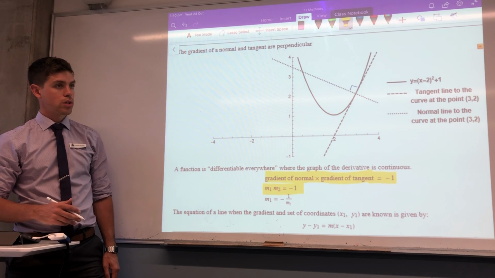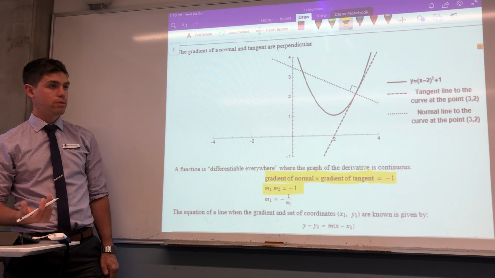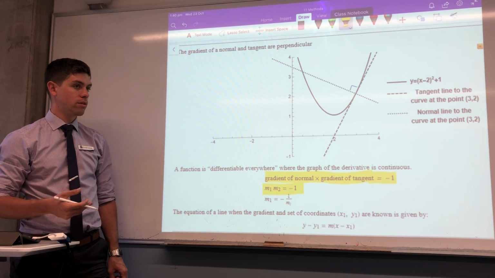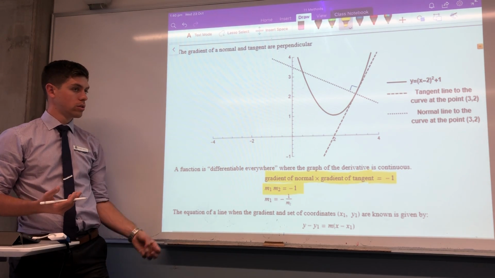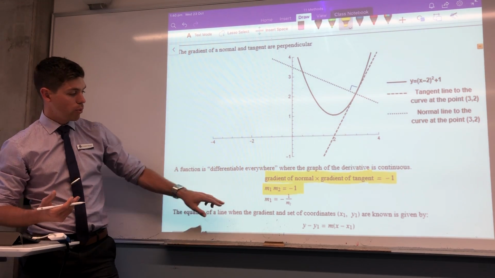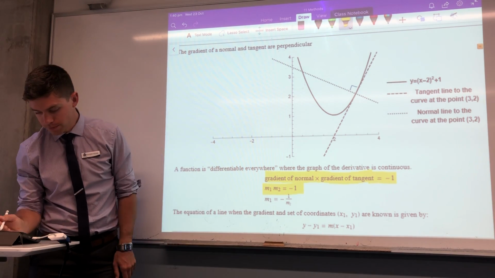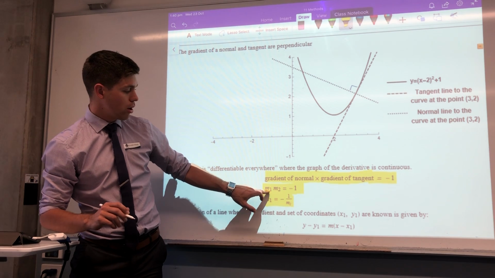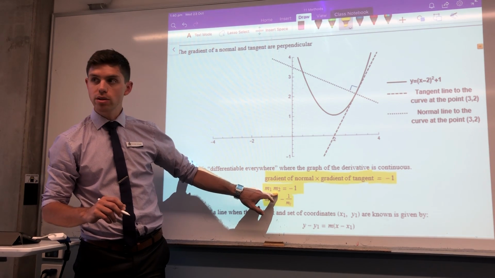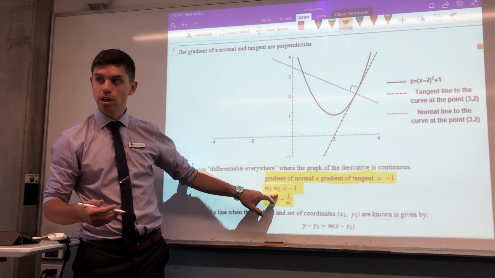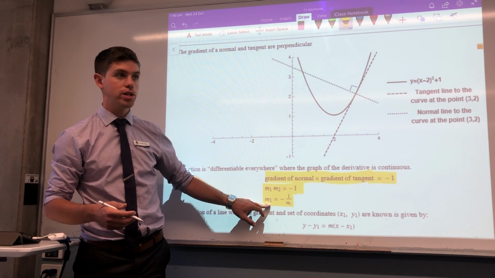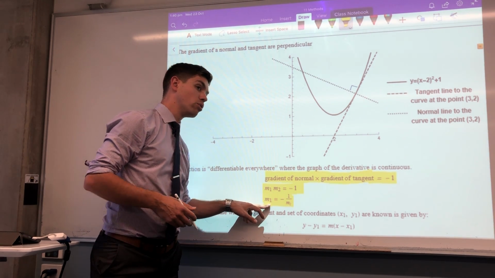So if we can use the derivative to find the gradient of the tangent line, then we could use this relationship here. Say we know the gradient of the tangent line from the derivative function at a point, then we can use that to find the gradient of the normal line.